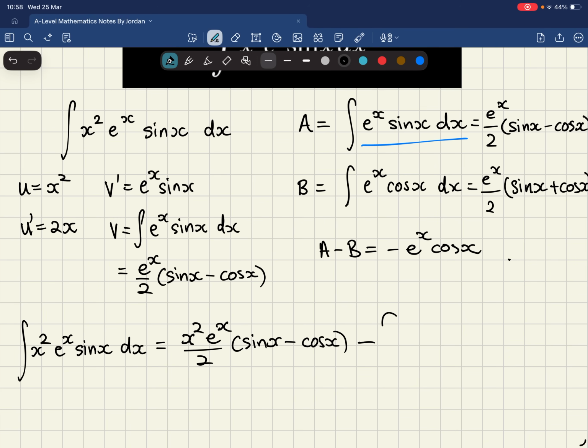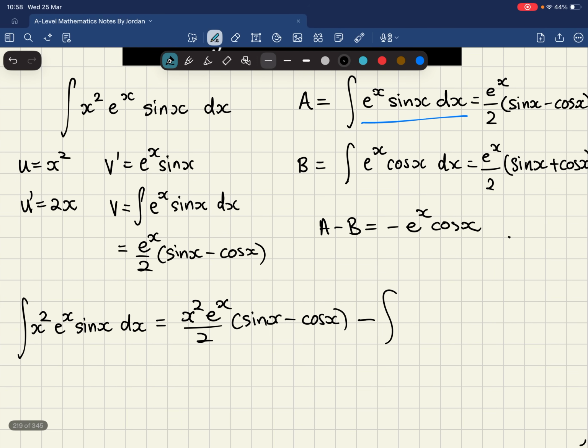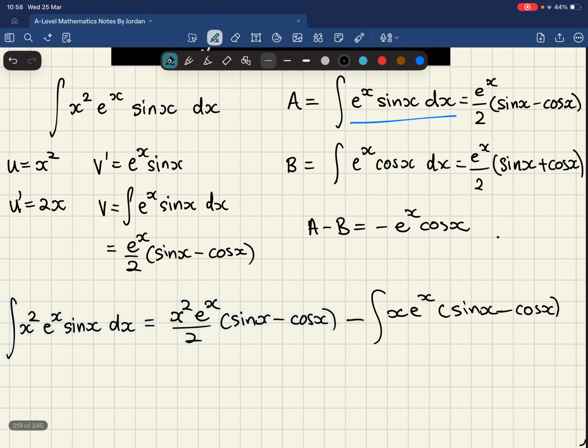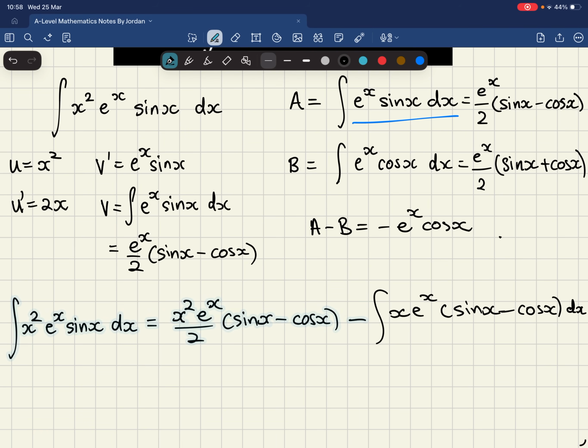Then we've got minus the integration of v u dash. So what you will notice is that v has a divide by 2 and u dash has the 2 there, so they will cancel, which will just leave you with x e to the x sine x minus cos x dx. Okay.